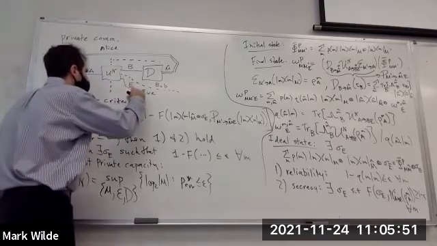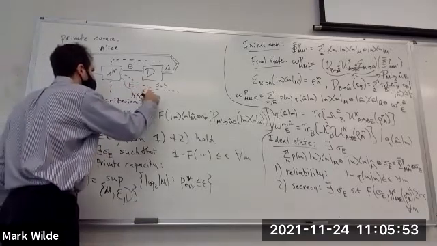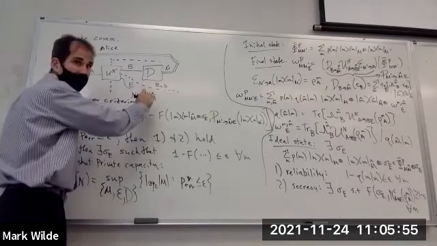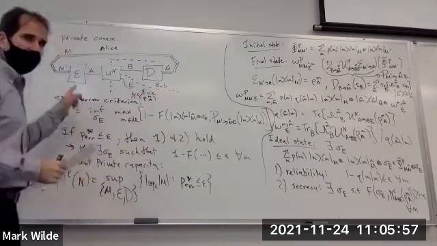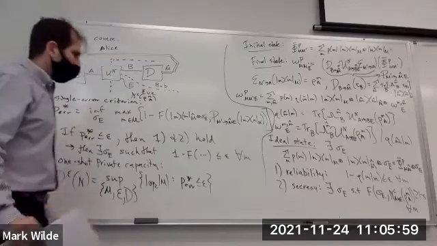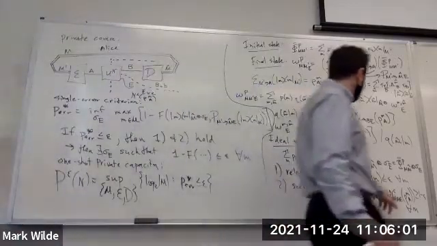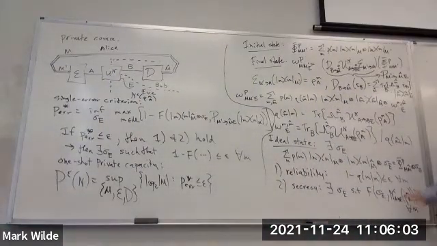So the actual state that Eve gets at this point is this, in the actual protocol. And what the secrecy criterion is saying is that we want all of those states to essentially be indistinguishable from some state of the eavesdropper.